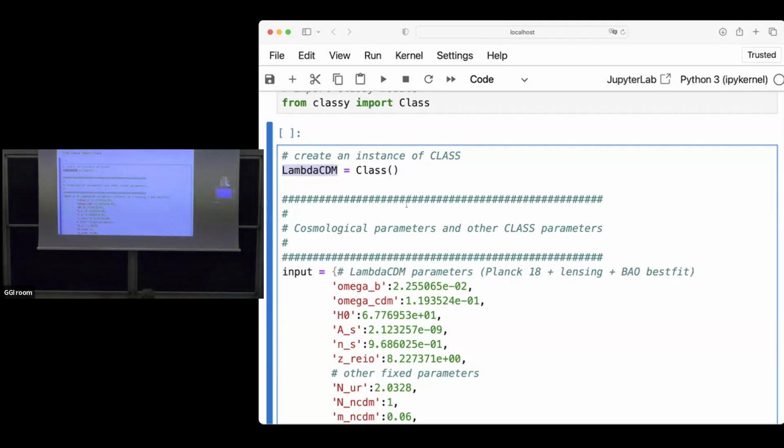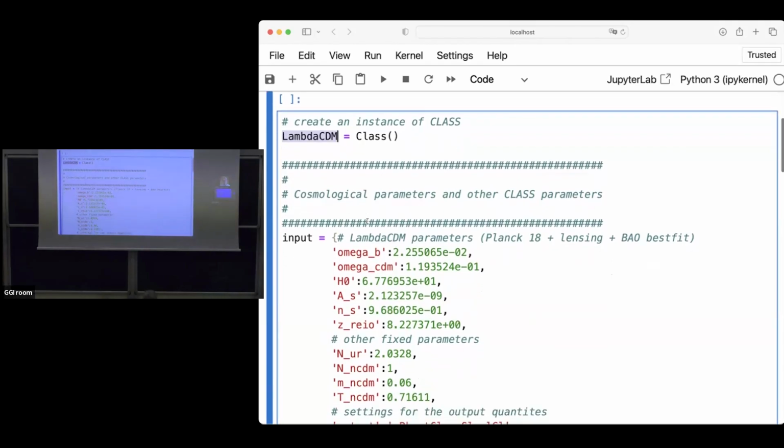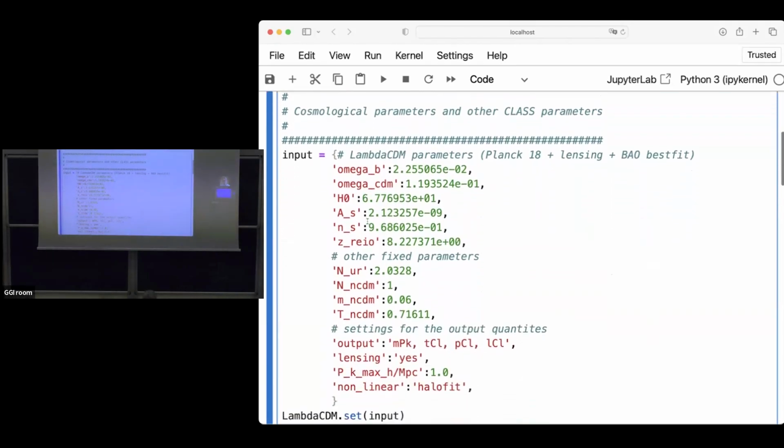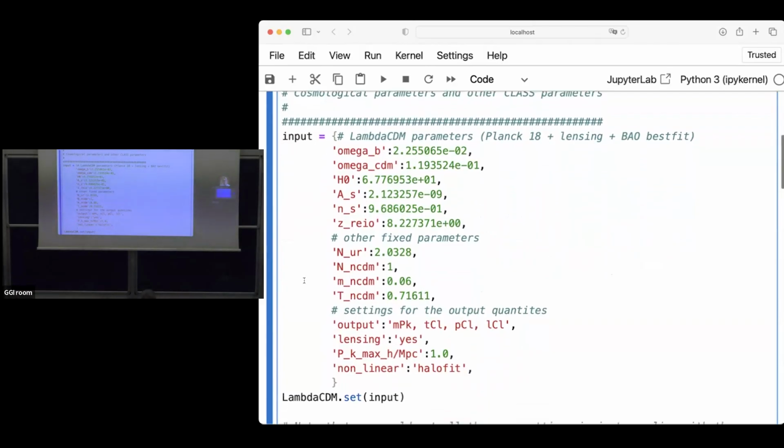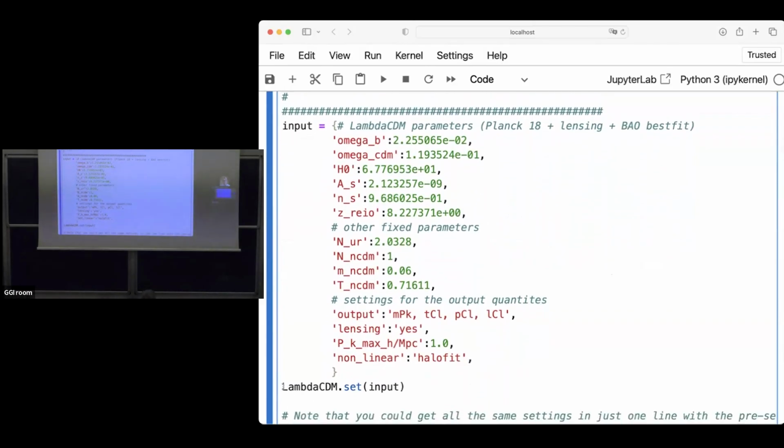You could have 100 models. Okay, and then I want to define some typical input parameters. So I choose to write my dictionary independently, and then I will pass my input parameters by saying that my cosmology is set to this dictionary. You can do it in one step or in many steps, it doesn't matter.